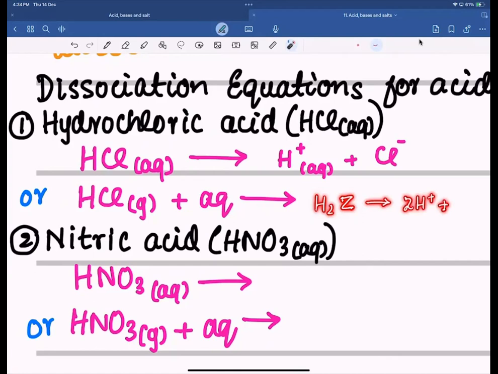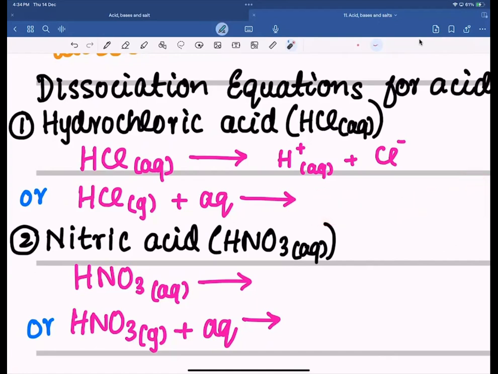What is the charge on each hydrogen? +1. So there are 2 hydrogens, which means the charge is now 2+. So what will be the charge on Z then? 2-. That's how you identify the charge of the negative ion depending upon the number of hydrogens which are being dissociated from the molecule.